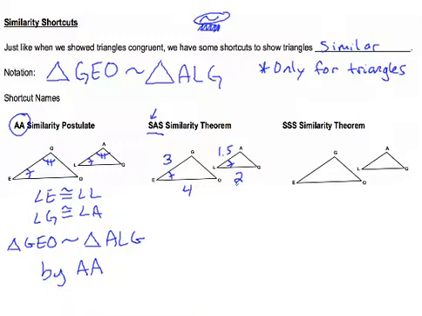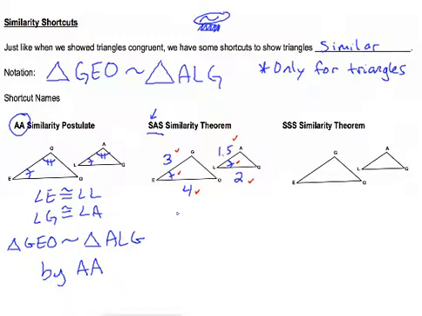So notice we have a pair of proportional sides here and here. We have a pair of congruent angles here and here. And we have another pair of proportional sides here and here. And that pair of congruent angles is in between the two pairs of proportional sides. That is enough. I can stop right there. That is enough for me to be able to say that the triangles are similar.